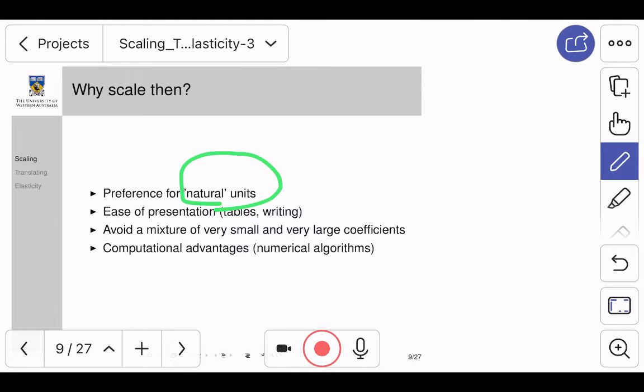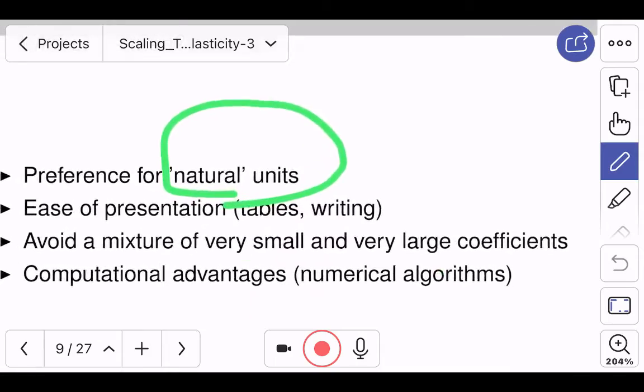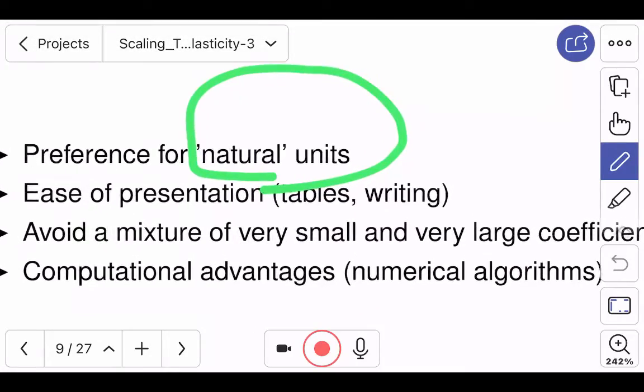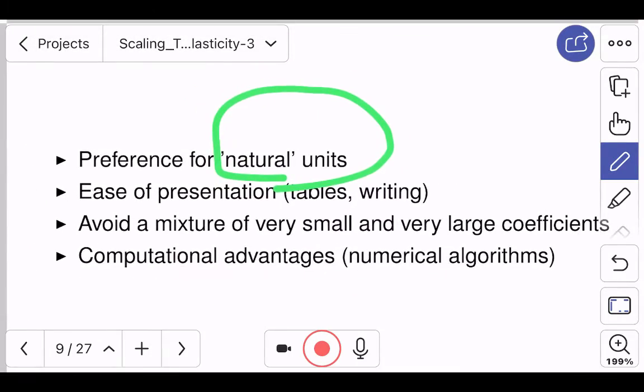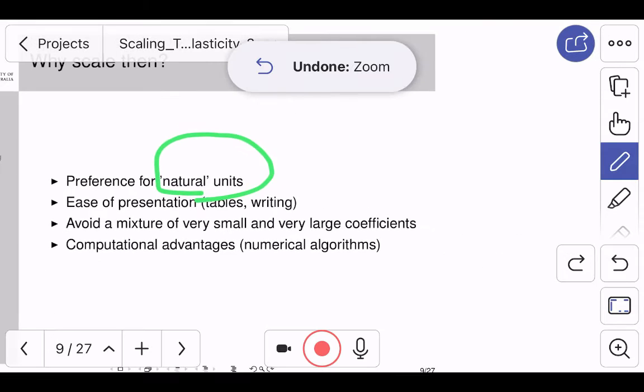Then you are going to prefer pounds rather than kilograms. So people have natural units, and when they write, they use different things. But then if they give you data that are in units that you are not used to, you will need to translate those units into your own, which is like going from inch to millimeter or the other way. That's one good reason. But what other good reasons are there?